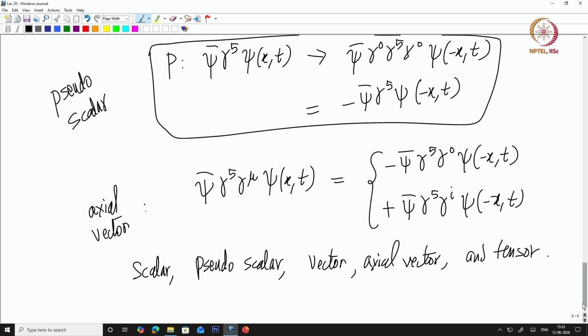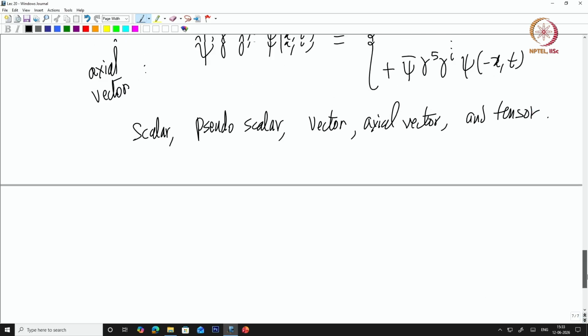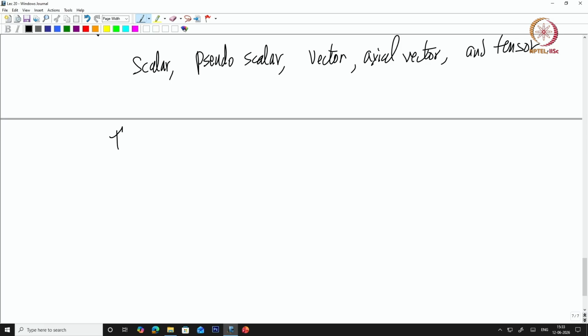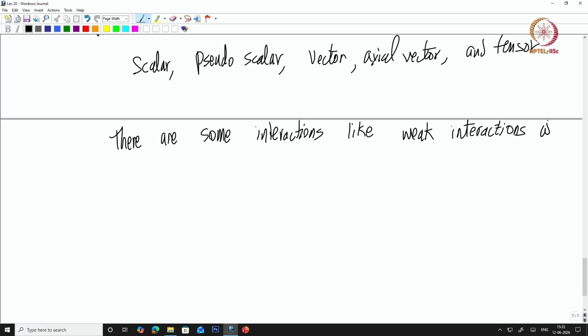Now, why did we introduce parity? It turns out that there are some interactions which can violate parity. Okay. There are some interactions like weak interactions which can violate parity.